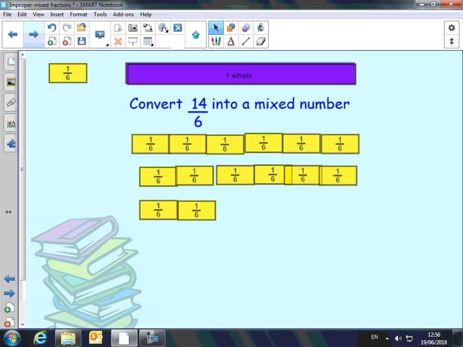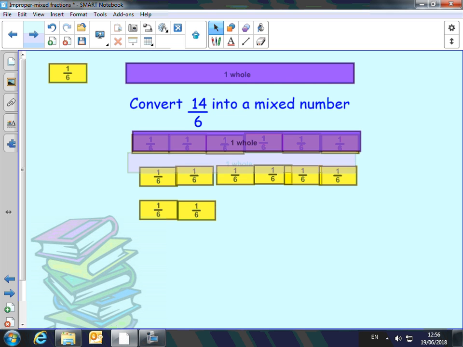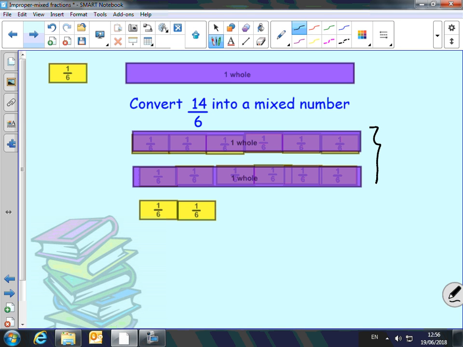There we are. So there's 1 whole there, another whole, and underneath that's what we've got left over. So that gives us 2 wholes, and our remainder, what's left over, is 2/6.